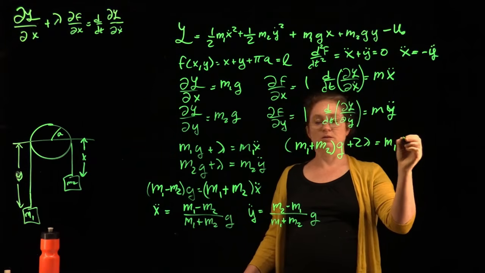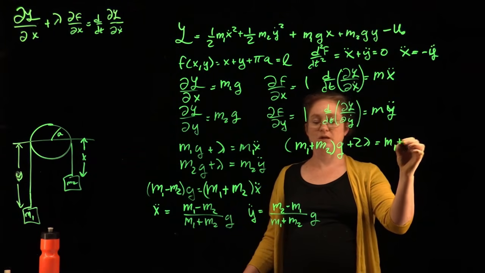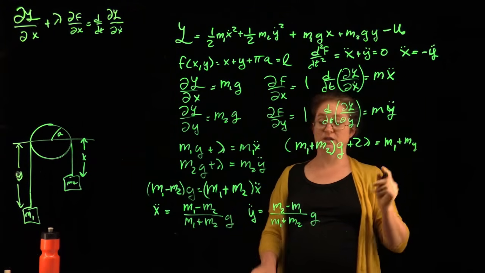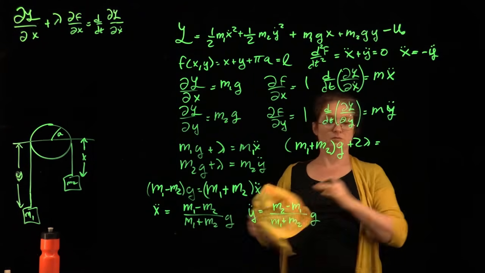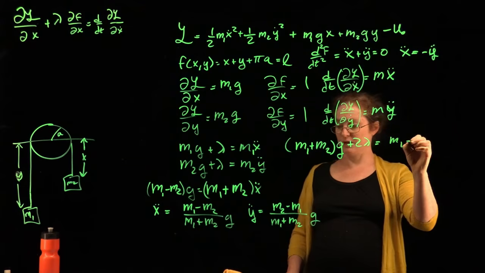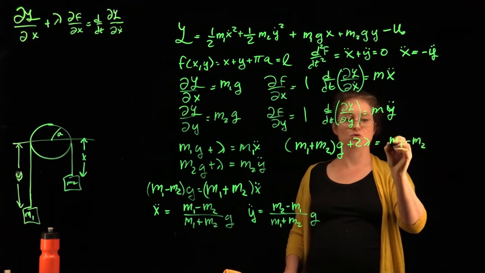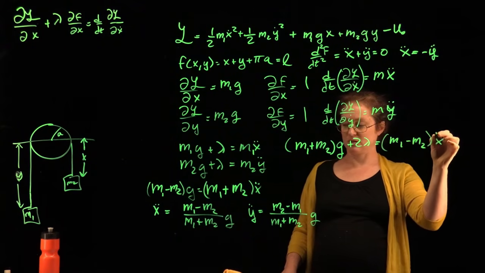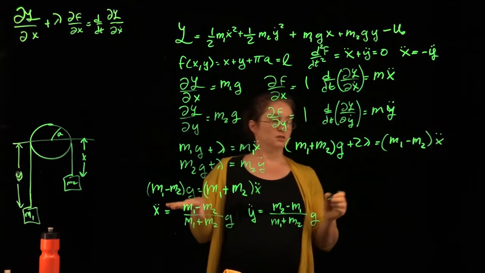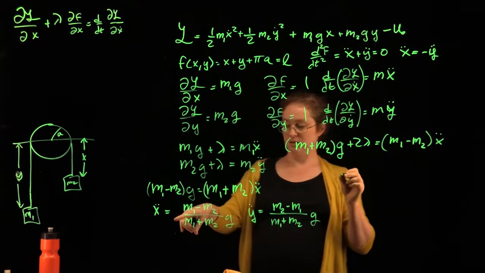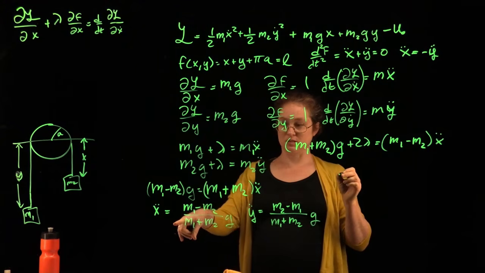m1 plus m2. Actually, I'm going to use m1 minus m2 times x double dot, and then I can use this.